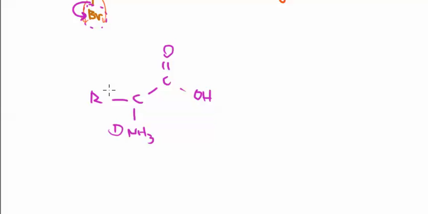That's typically how you pick the amino acid that you want to make. So you have to be very careful, because this is what distinguishes between all of the amino acids, and if we can change that R group, then we can change the amino acid structure.